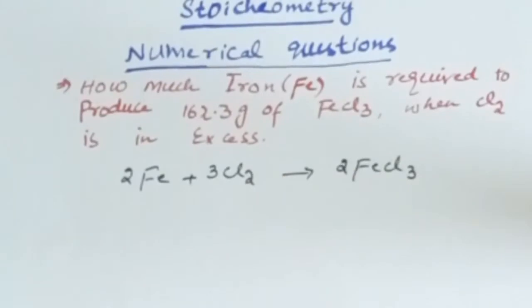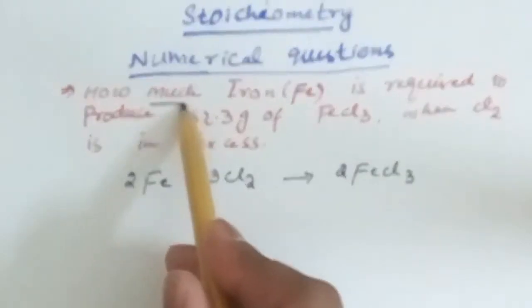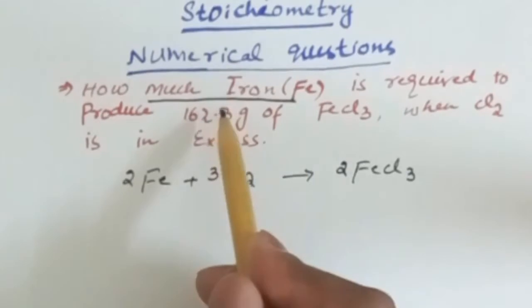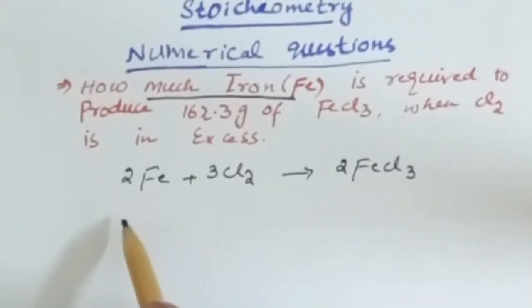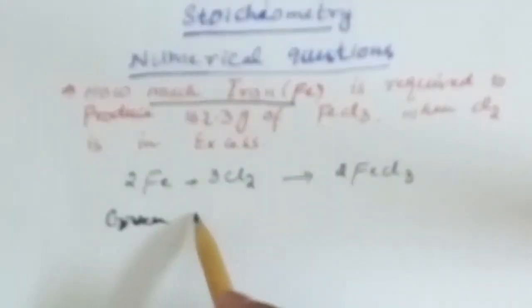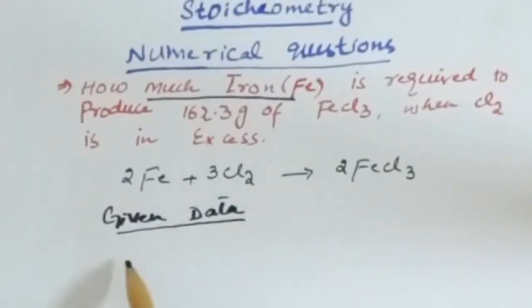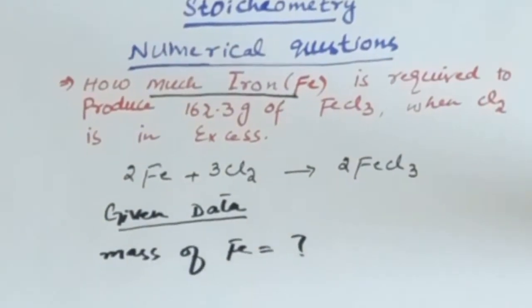Now the given data according to this reaction: the mass of iron is required. How much iron is required to produce means the mass of iron is unknown, which we have to find out.